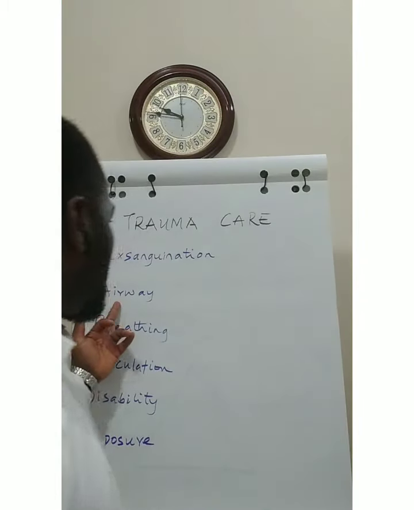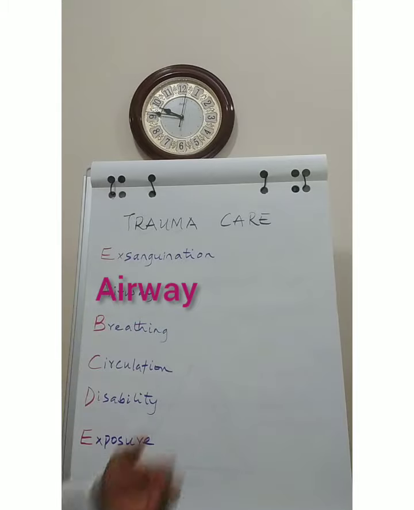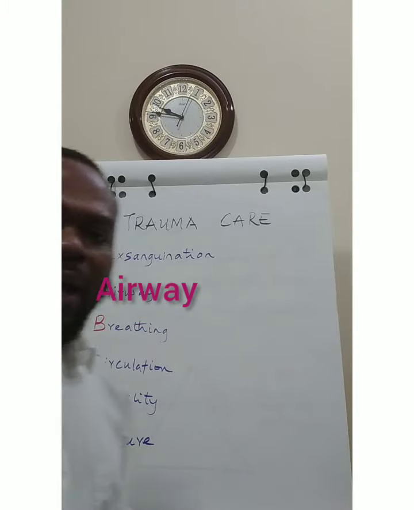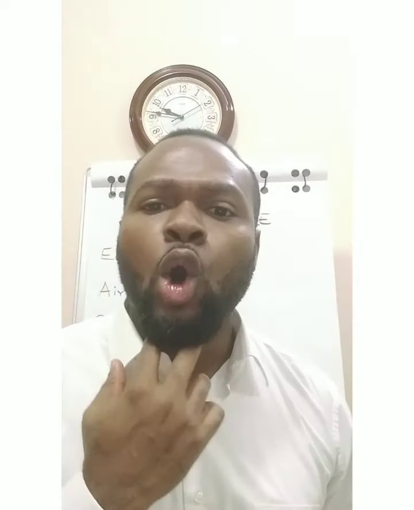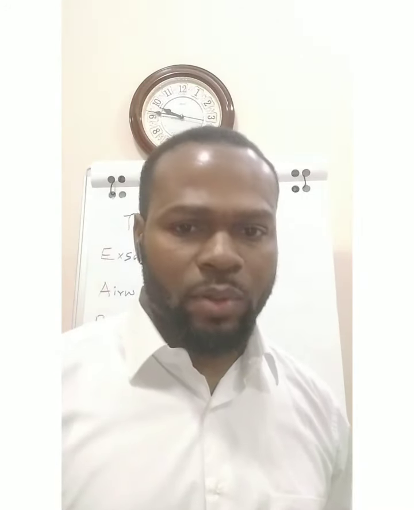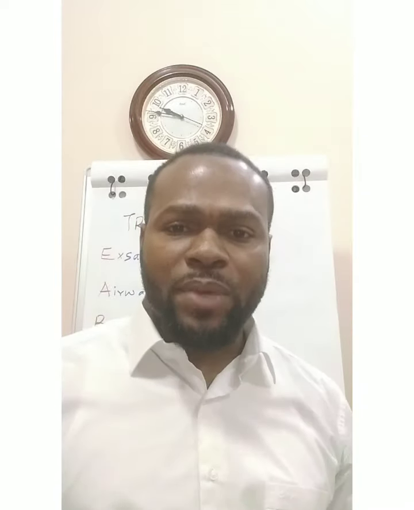Then the second thing we need to consider here is the airway. Here you need to make an evaluation, critical reasoning, to assess if the airway is open, if it is patent, and if it is well maintained or maintainable. By being open, we mean the person can take in air and it gets to the lungs.